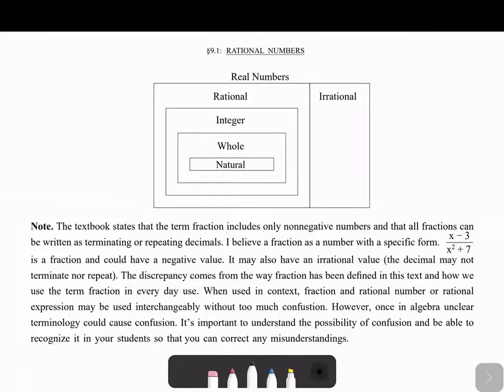So the real numbers can be divided into two types: the rational numbers and the irrational numbers. These numbers form two disjoint subsets of the real numbers, right? They're two subsets and they have empty intersections. So that means that they're disjoint. There's no overlap between them at all. And you can kind of see why this is true just based on their names, right?